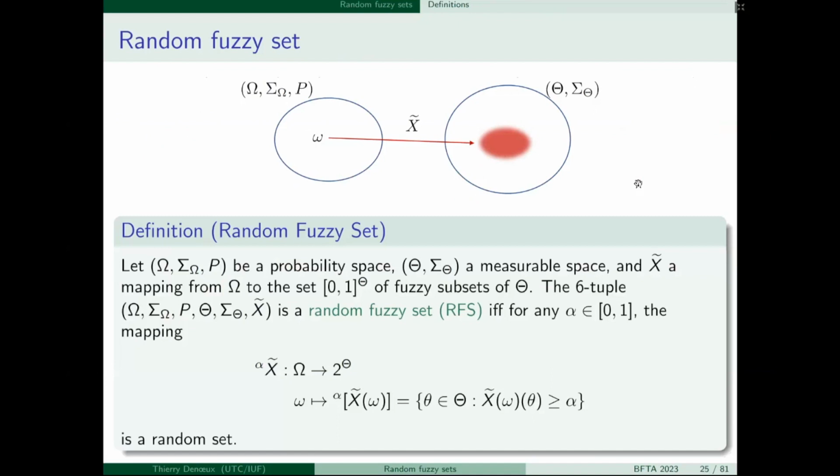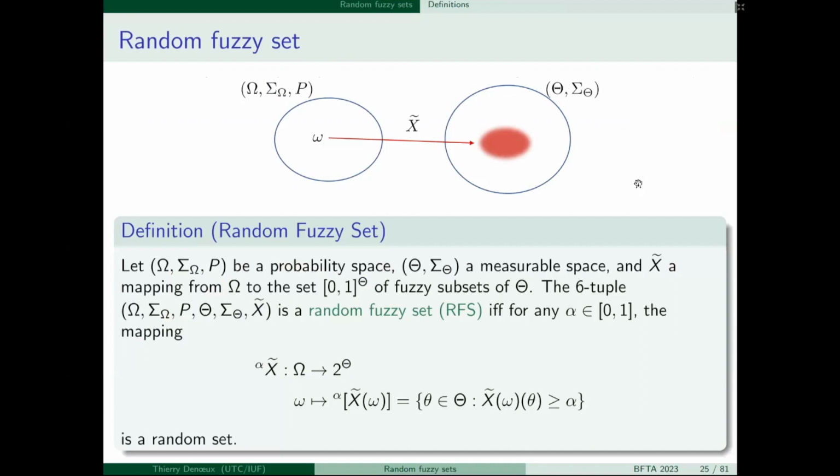And we impose some condition. We impose that if we take some alpha between 0 and 1, and we consider the mapping that maps each omega to the alpha cut of the image, then we get a mapping from omega to the power set of theta.